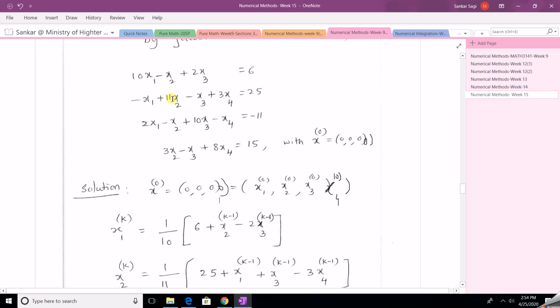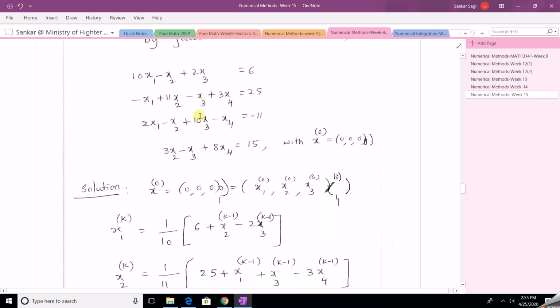Again, the diagonal element is greater than or equal to the other coefficients in absolute value. Here the coefficients are minus 1, minus 1 and 3. If you take the modulus, 11 is greater than or equal to the other coefficients in modulus.